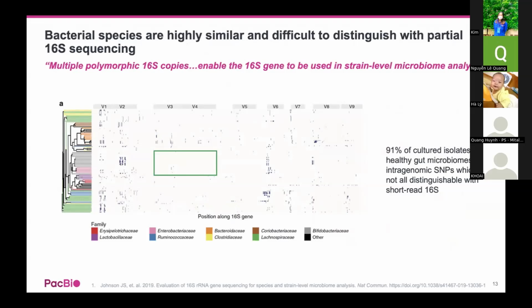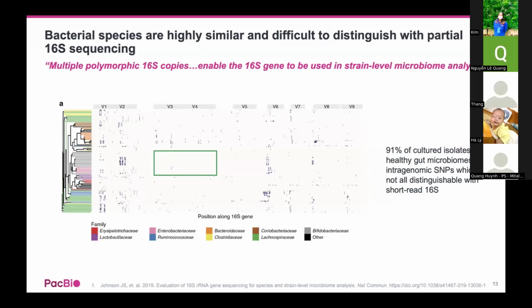So here you can see that the x-axis denotes position along the 16S gene, and the y-axis denotes individual isolates clustered based on their inferred phylogeny. These dark blue regions indicate the location of a polymorphism.